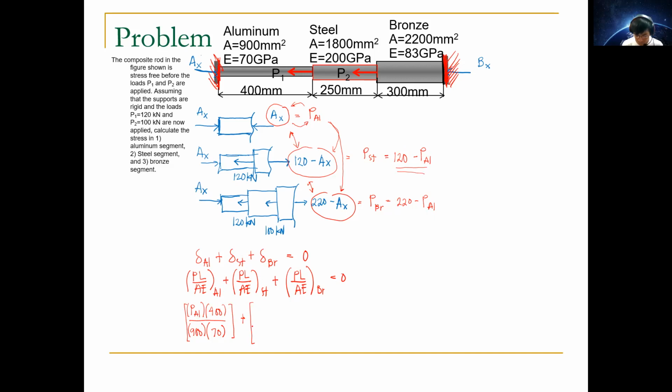So next is 120 minus PAL times 250, the length, then divided by the area, that would be 1800 mm squared. Then the E for steel is 200 gigapascal, so I just wrote 200.